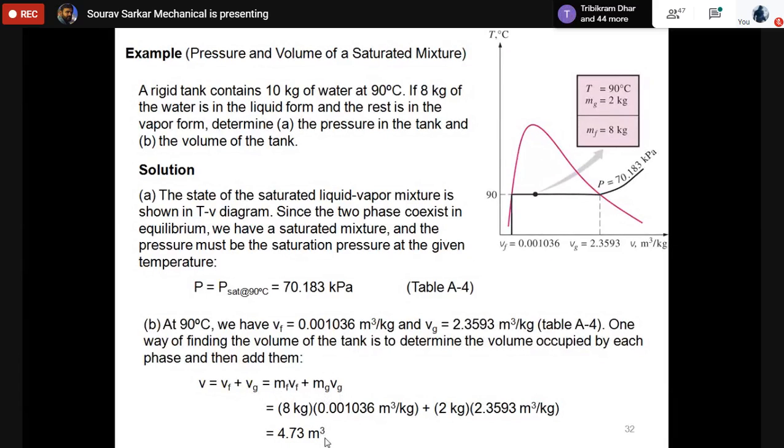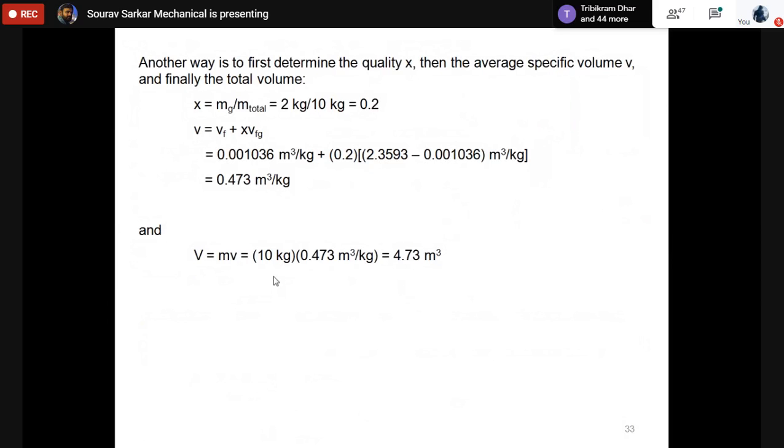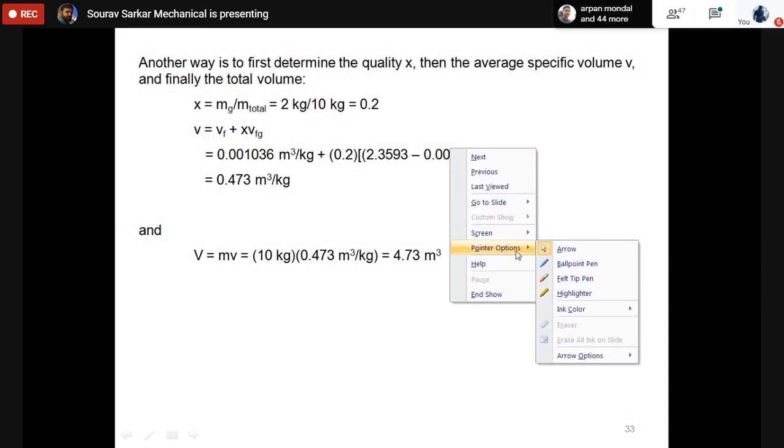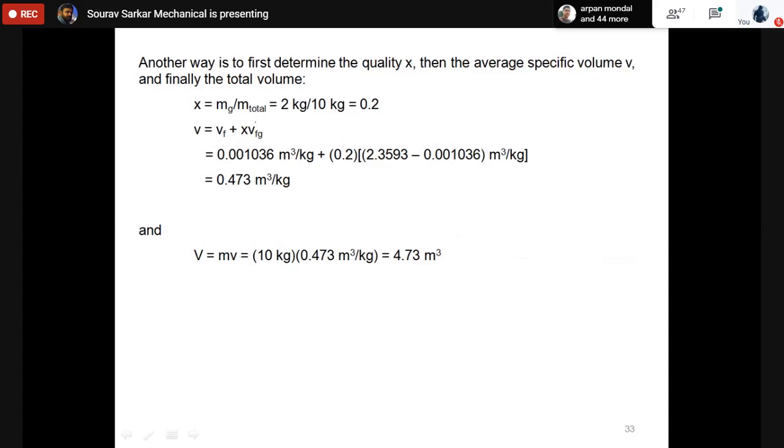Or even you can calculate in other way, just like calculate the x. You know x. V equal to VF plus x into VFG. Is that true?